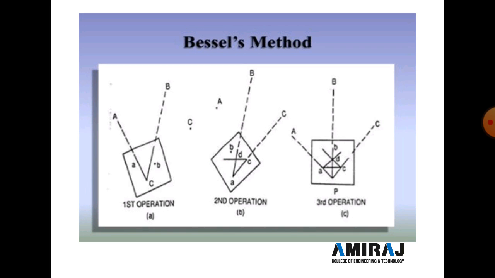The alidade is placed along the db line, and point B is bisected, and the position of the table is said to be perfectly oriented.